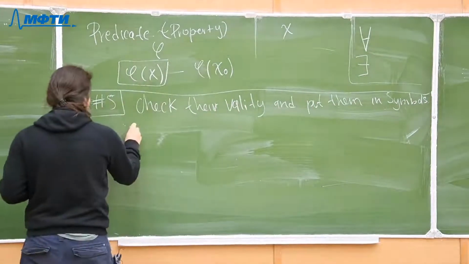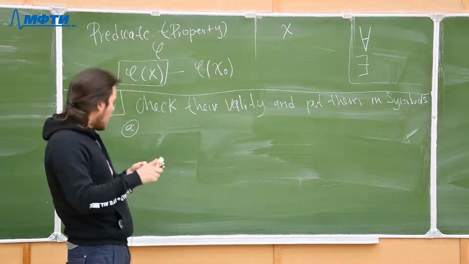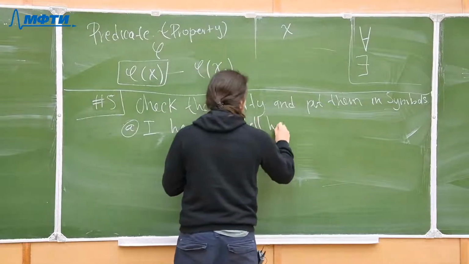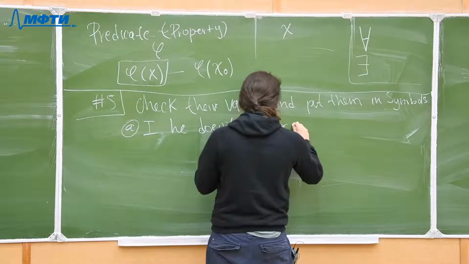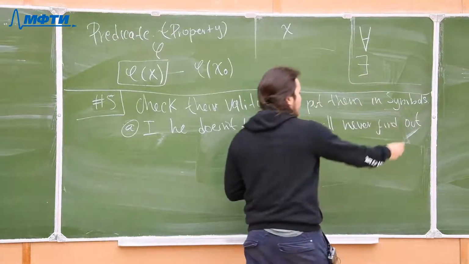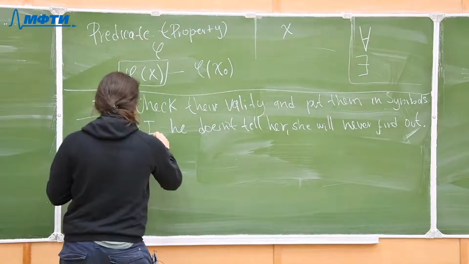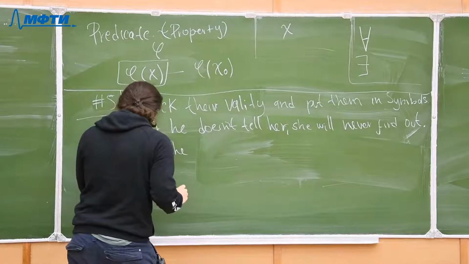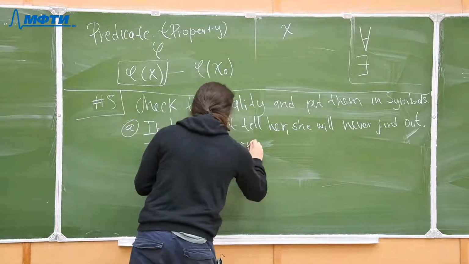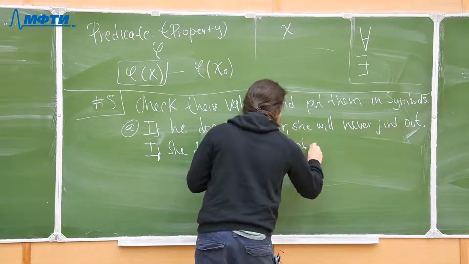Number 8: If he doesn't tell her, she'll never find out. If she doesn't ask, he won't tell her.